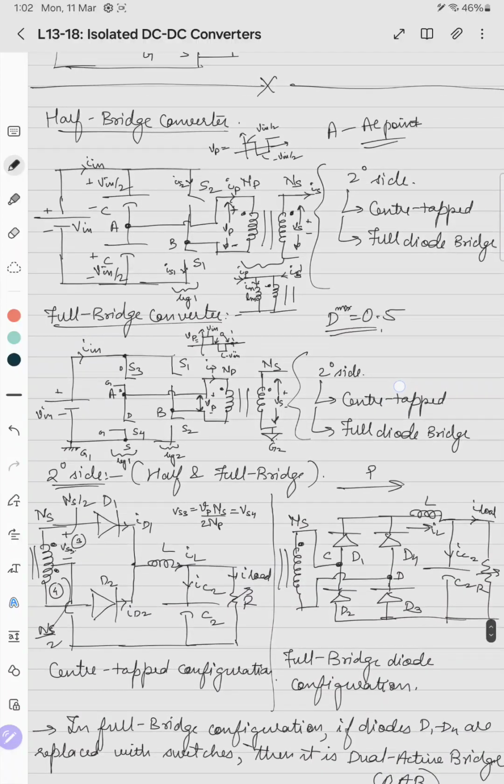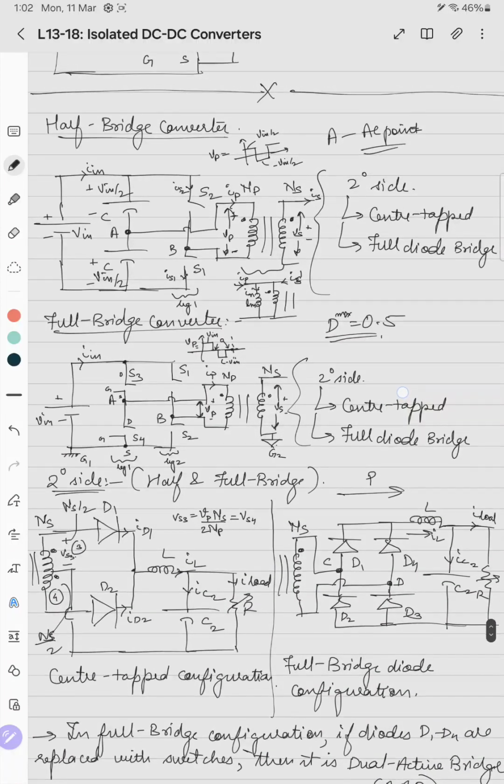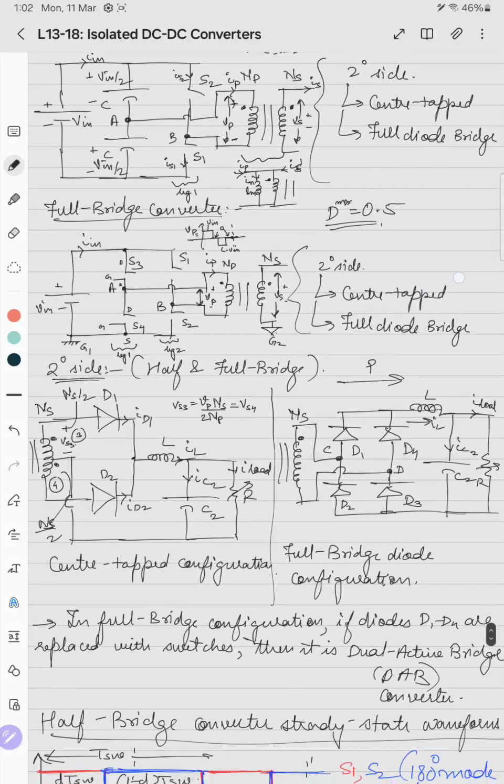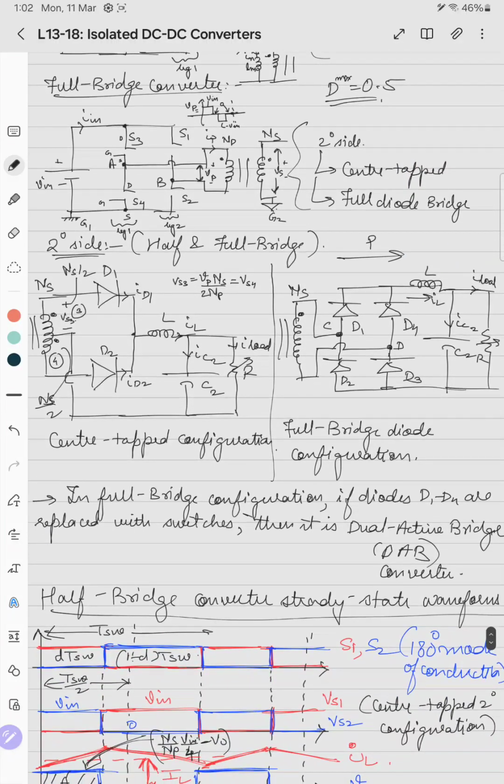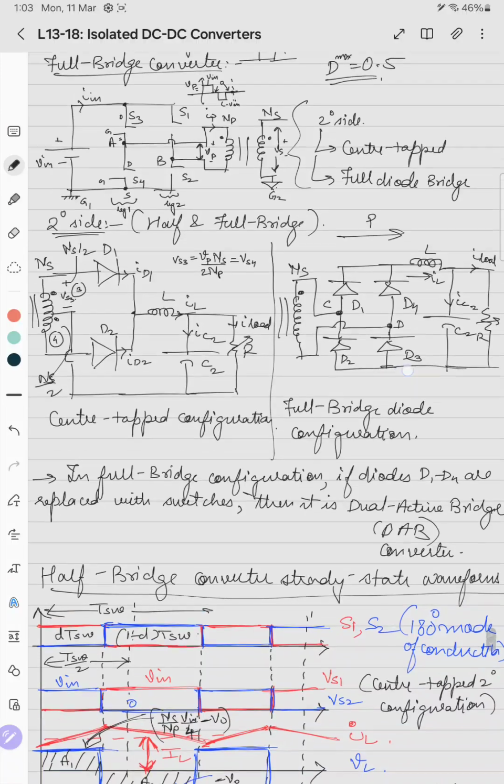So in half bridge we'll see that when S2 is on, negative Vin by 2 is applied here. So this negative voltage comes here, the dot becomes negative, and then becomes positive. So this becomes forward bias, so positive connected here. So it is still, yeah, this thing.